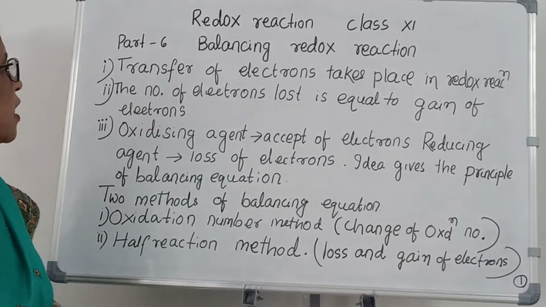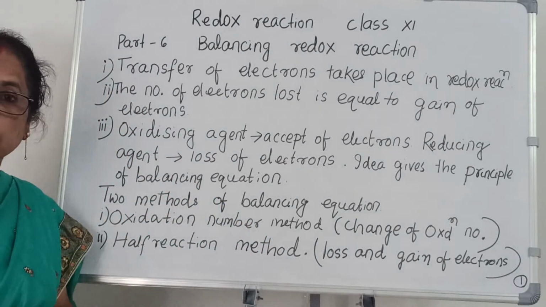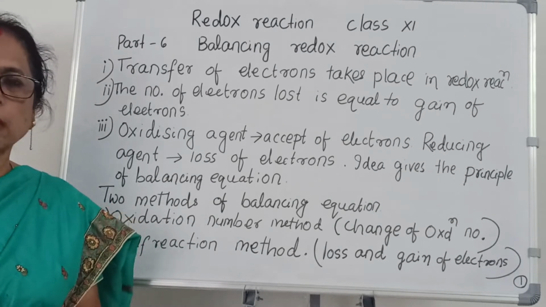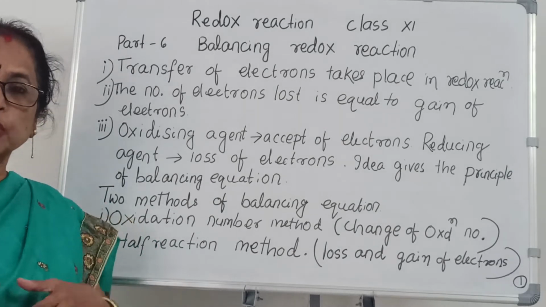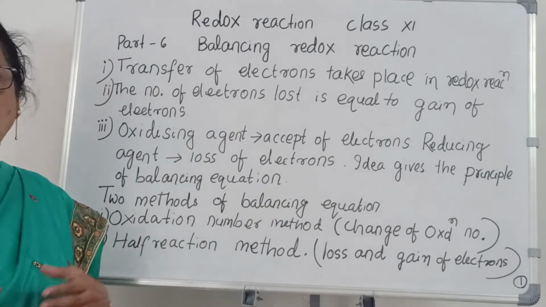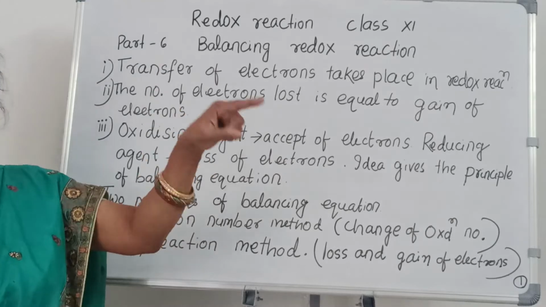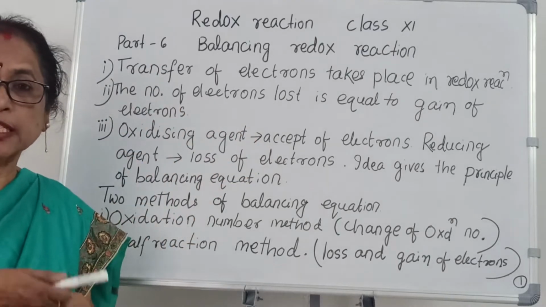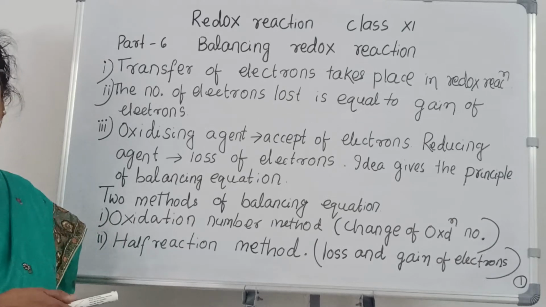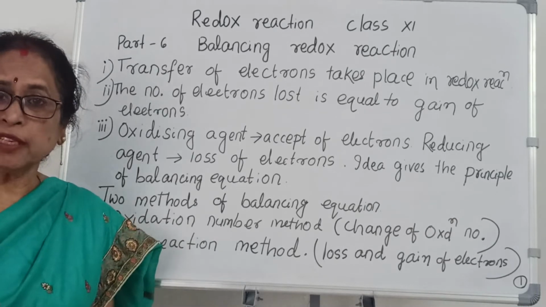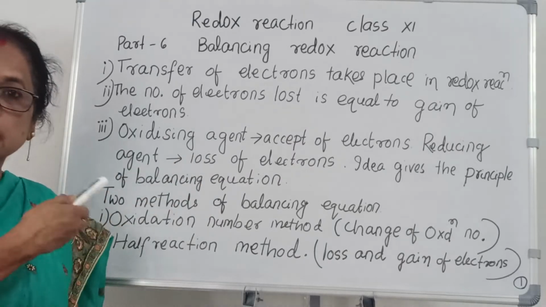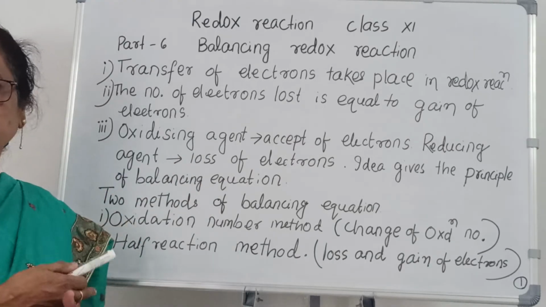Then what is an oxidizing agent and a reducing agent? Again in terms of electrons. An oxidizing agent is one which oxidizes other and itself gets reduced. Itself reduced means there is gain of electrons. Similarly, a reducing agent means it reduces other and itself gets oxidized. Itself oxidized means loss of electrons.